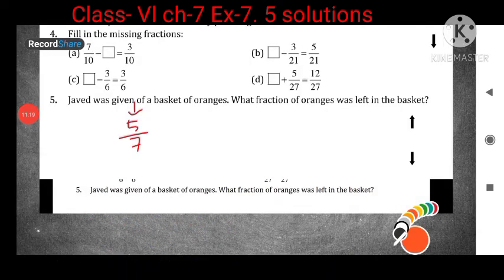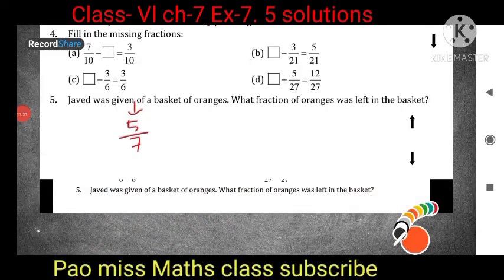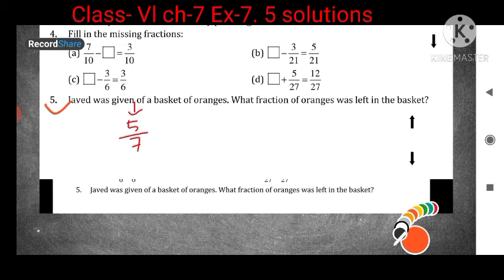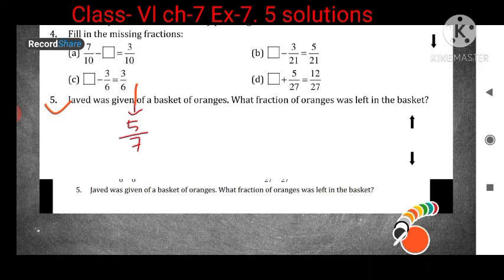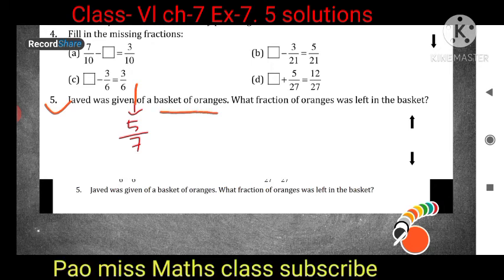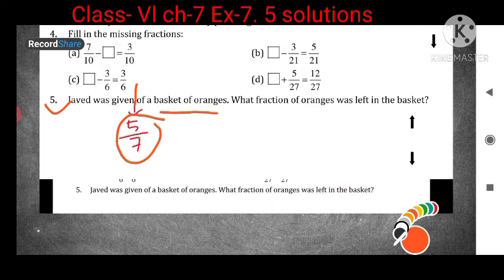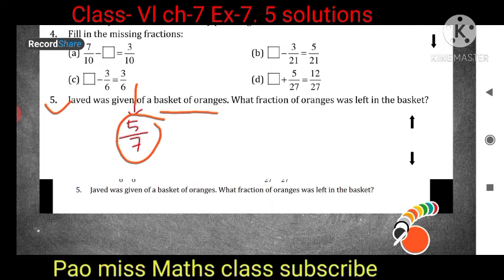So here is question number 5. Okay, I missed this in typing, so here I am writing: Javed gave 5 upon 7 of a basket of oranges. What fraction of the oranges was left in the basket?